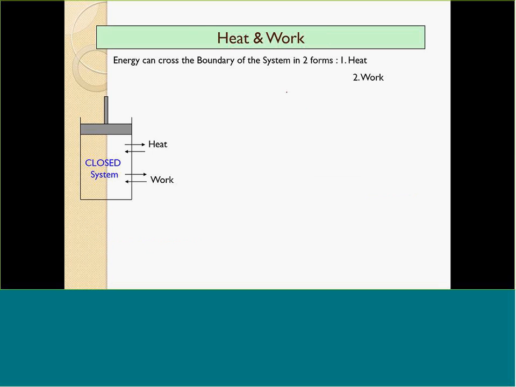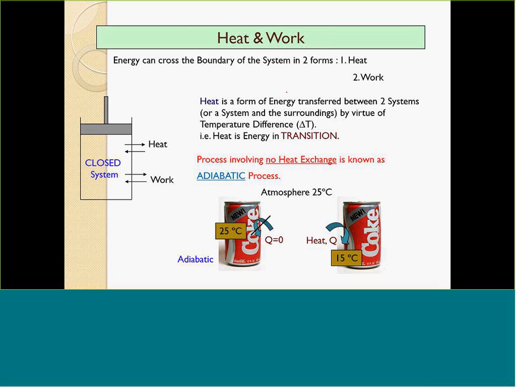Like that, we have the terms heat and work, where we discuss the energy crossing the boundary of the system. We're going to have two forms of energy related to energy crossing the boundary. The first is heat, and the second is work.